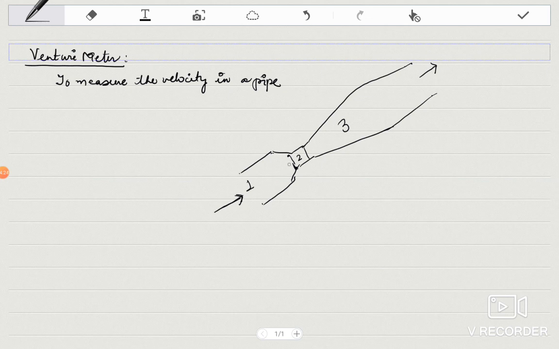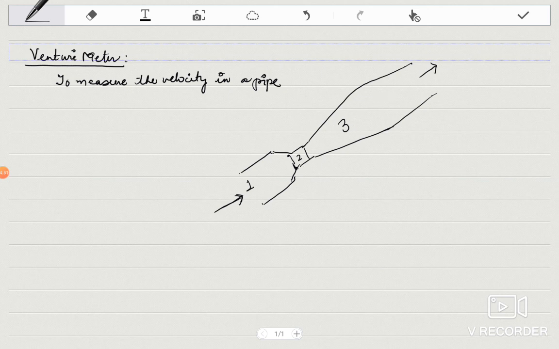Here the cross sectional area is becoming smaller, and therefore the velocity at this point will be higher. And now Bernoulli's principle says that as the speed increases, the pressure will be decreased. So this is the throat, or you can say that in the converging section, the velocity is increased and pressure is decreased, while in diverging section, the velocity is decreased and the pressure is increased.